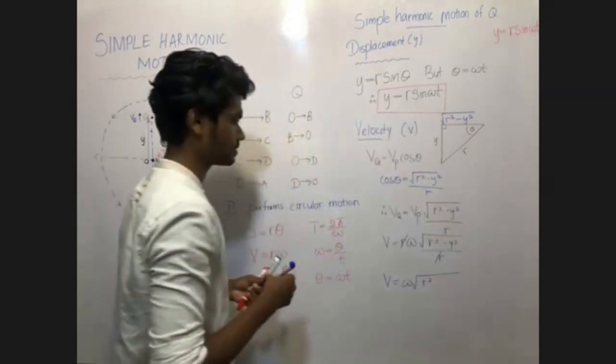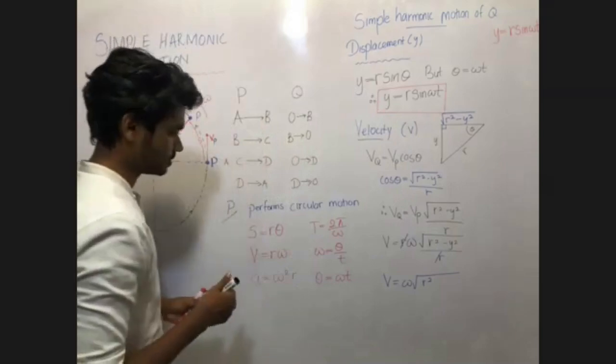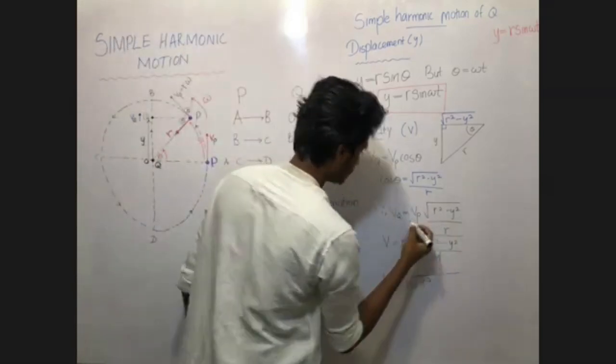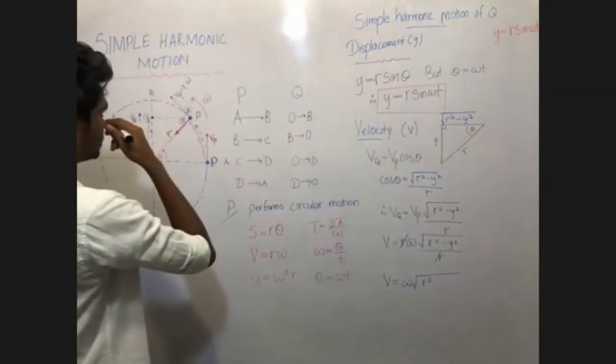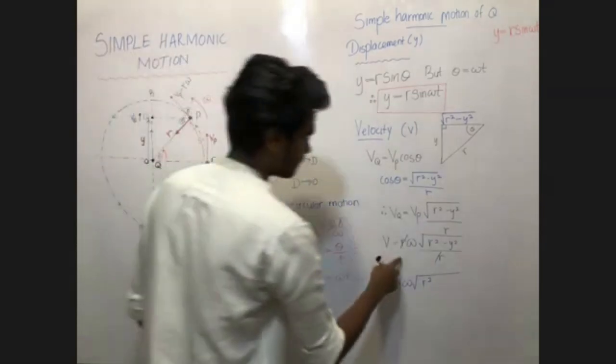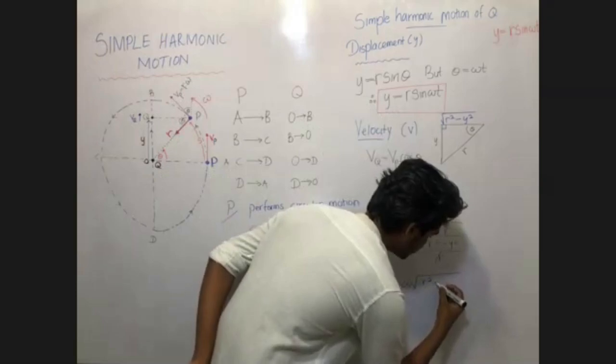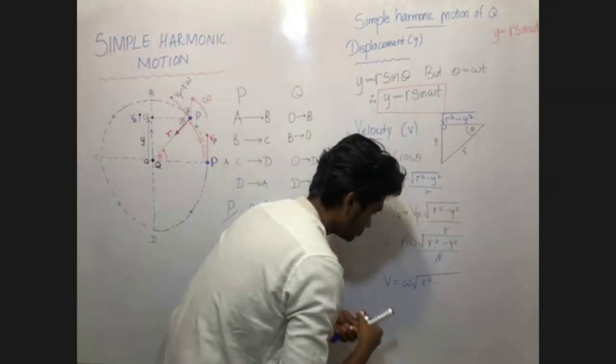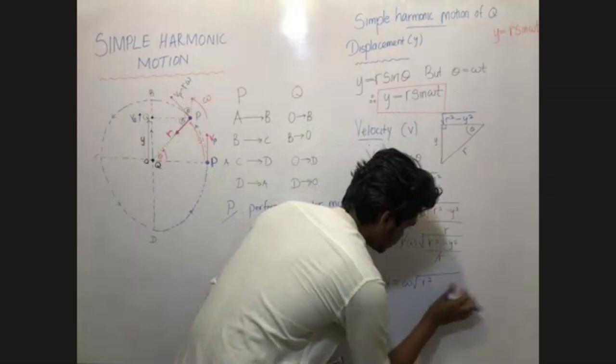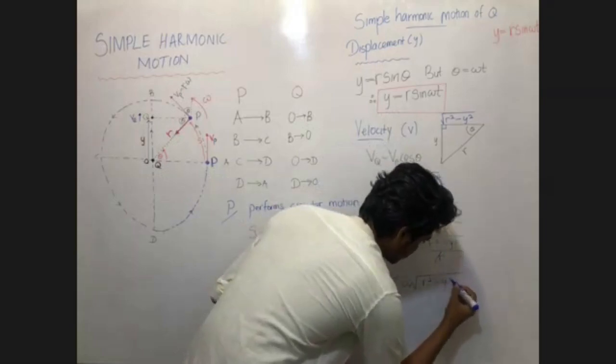So here, this is R omega. So omega times the square root of R squared minus Y squared.